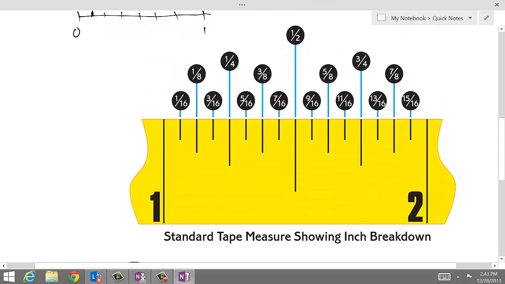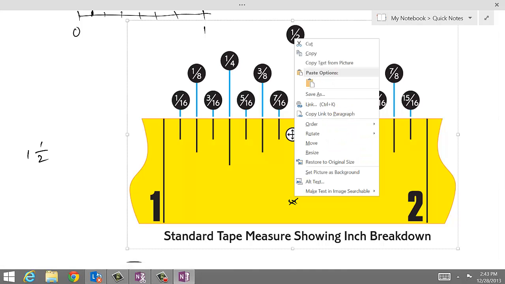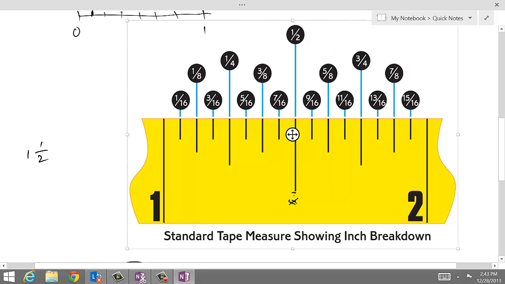So if we want to locate those numbers on this inch tape, remember this line is dividing the space between 1 and 2 into 2 equal parts. So if we were to find 1 whole 1 over 2, we should only look at this line, because this is the line which is dividing. So 1 whole 1 over 2 will be right here.